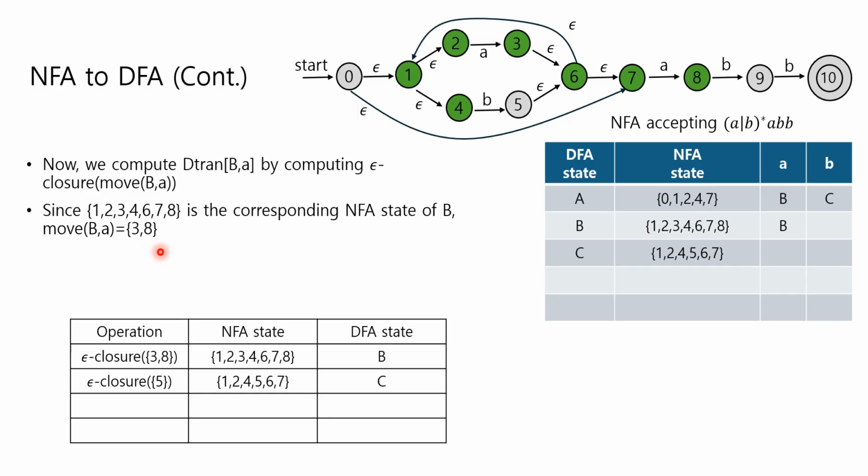So we compute the epsilon closure of 3, 8 to compute Dtran[B, a].